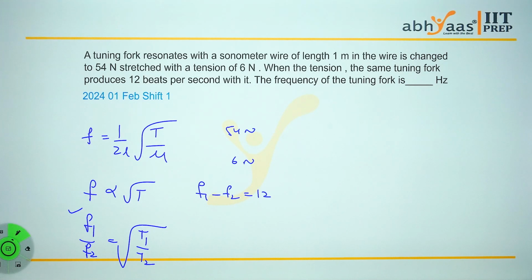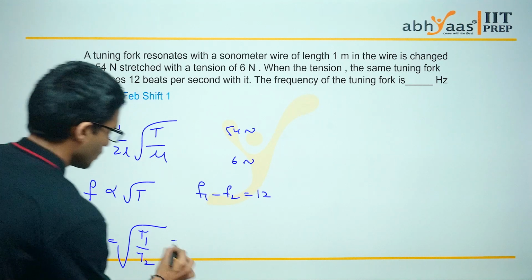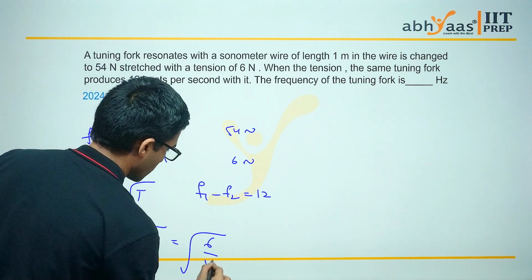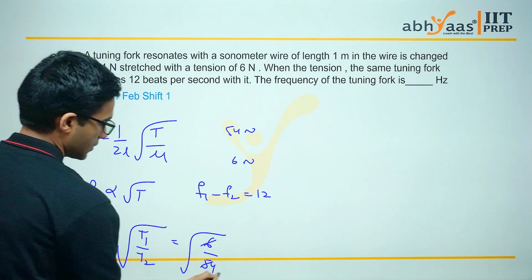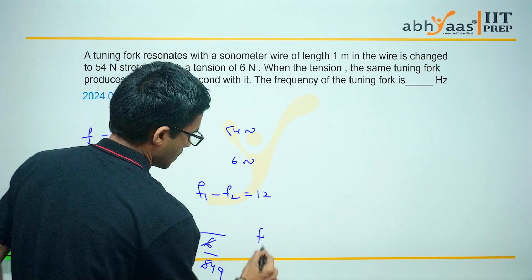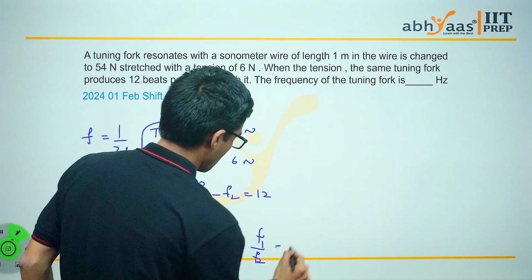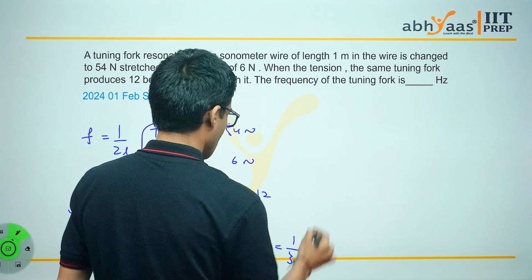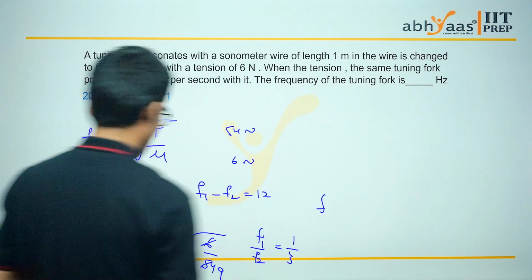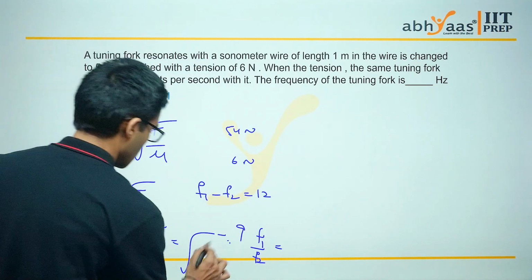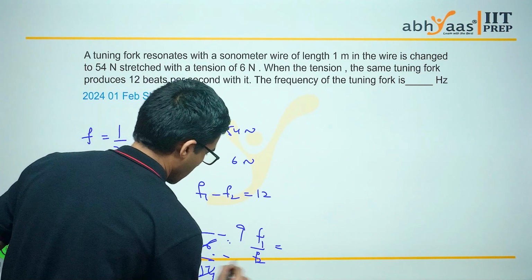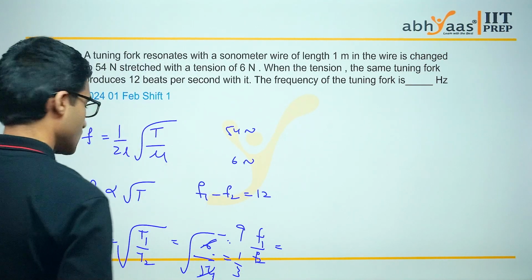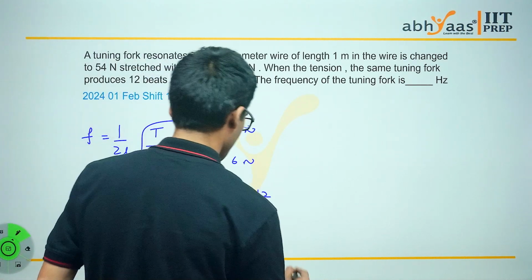Now F1 by F2 is equal to root of 6 by 54, which is 1 by 3. That means F2 equals 3 F1.